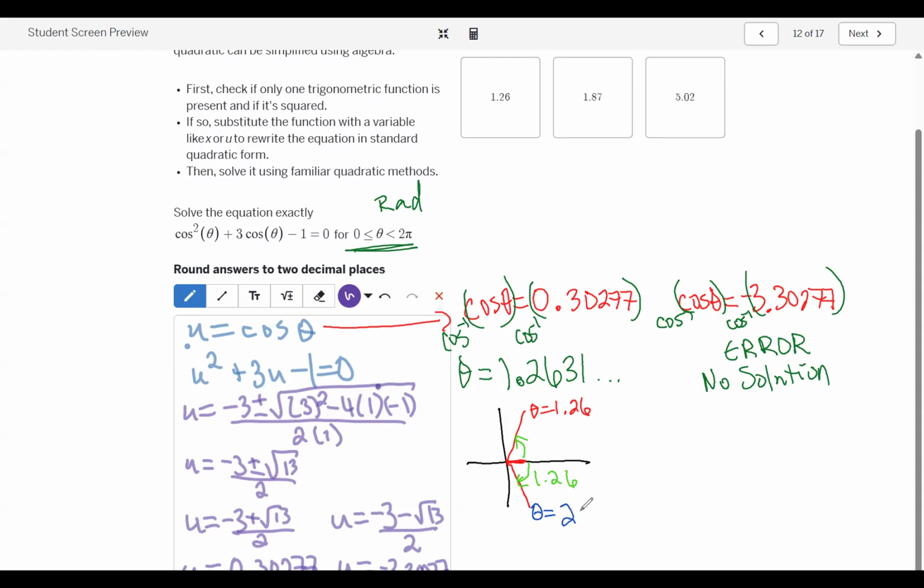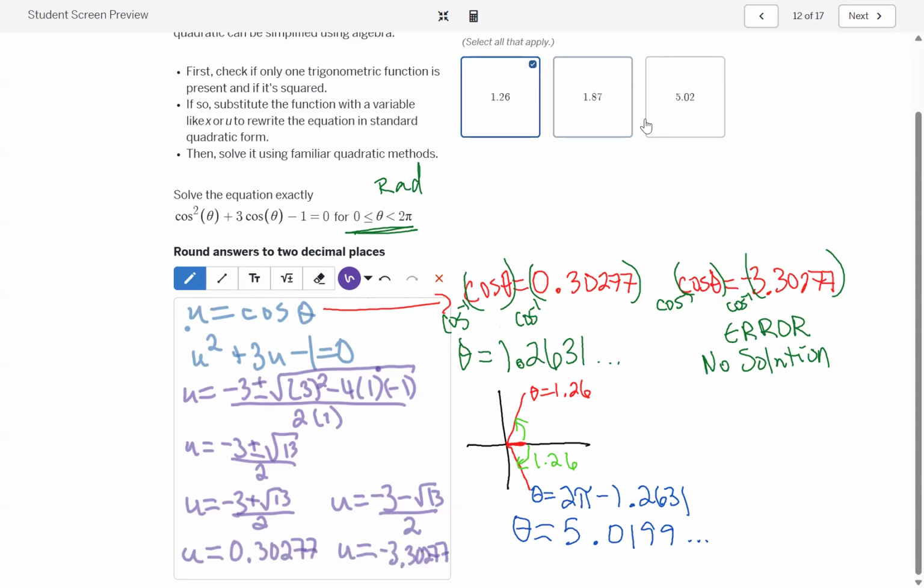So I'm going to calculate 2 pi minus the 1.2631, so 2 pi minus my previous answer. This gives me a secondary weird answer of 5.0199, blah, blah, blah. So we get the 1.26, but we also get the 5.02.